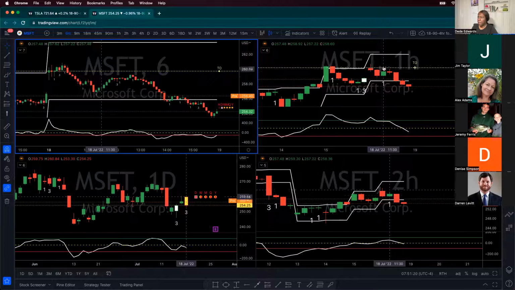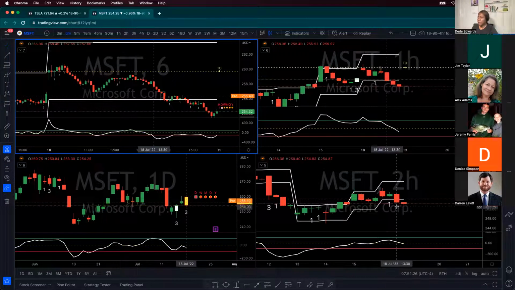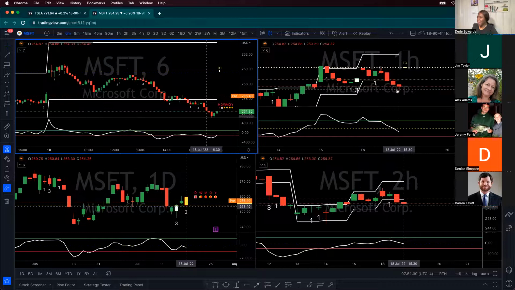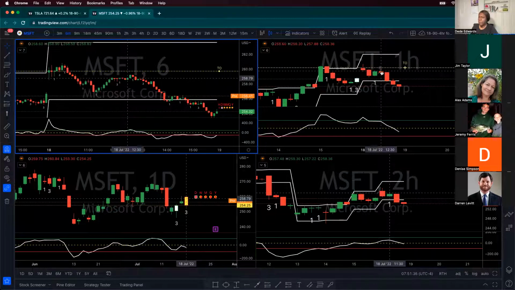So now I'm waiting for this inside bar. Now I'm looking at the next 2 hour flip. What is CCI showing me? Not a lot. It goes inside, and then you have this doji forming.